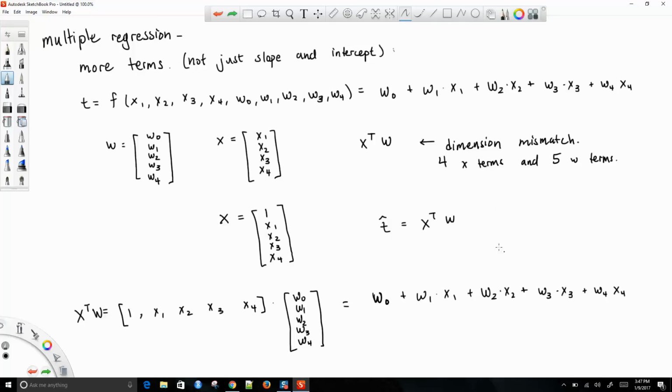So this makes things a little bit more compact and a little bit easier for us to deal with in the future. And so we'll pick up right here on Wednesday, okay? We'll put a pause right here. We'll pick up right here. We'll continue our discussion of linear regression from this perspective.